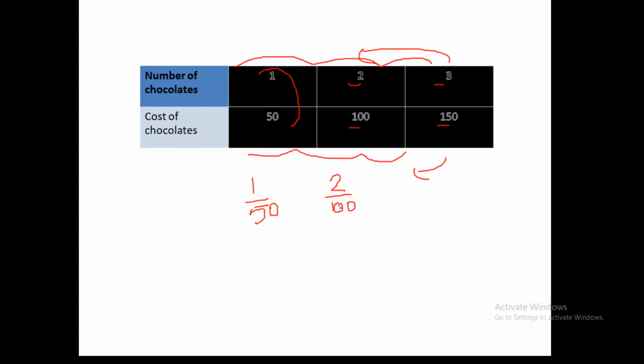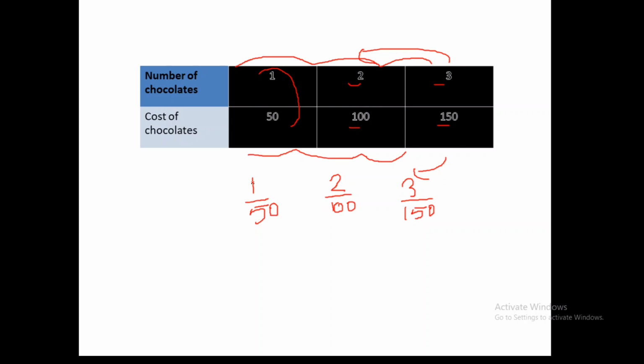In the second case, it is 2 by 100. In the third case, 3 by 150, right? Look at this. One increases, the other also increases in the same proportion, so it is called a direct proportion. Okay, so it has a property also.